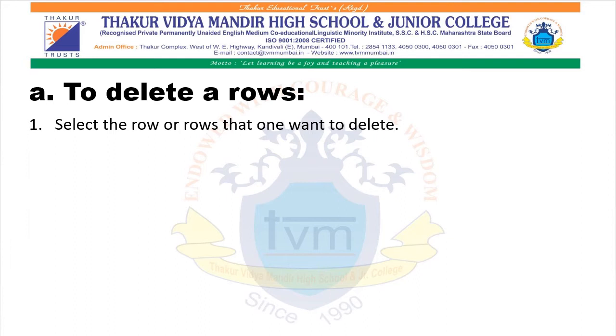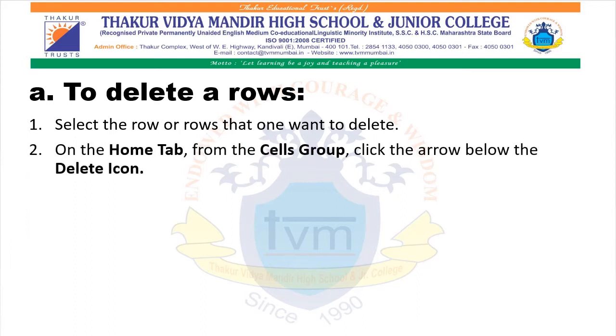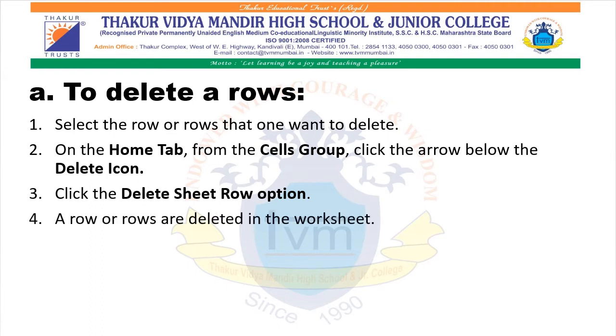In the second step, we need to go to the Home tab. From the Cells group, click the arrow below the delete icon. Click the delete sheet row option and the row or rows are deleted from the worksheet. These steps will help us to delete the entire row from the worksheet.